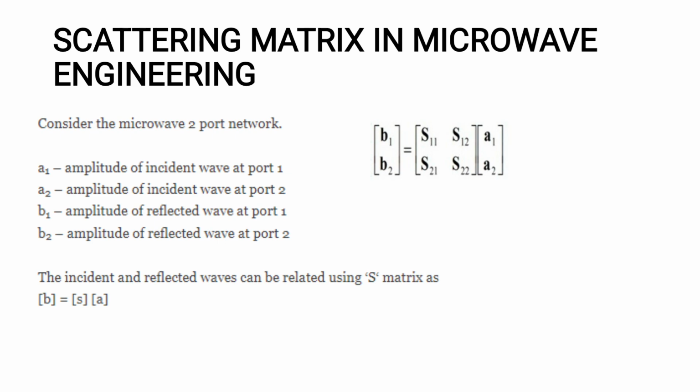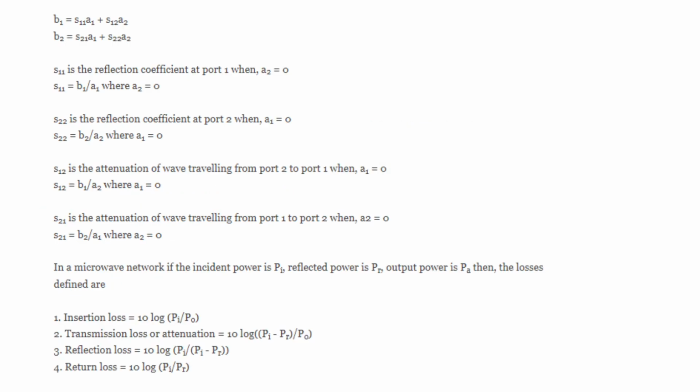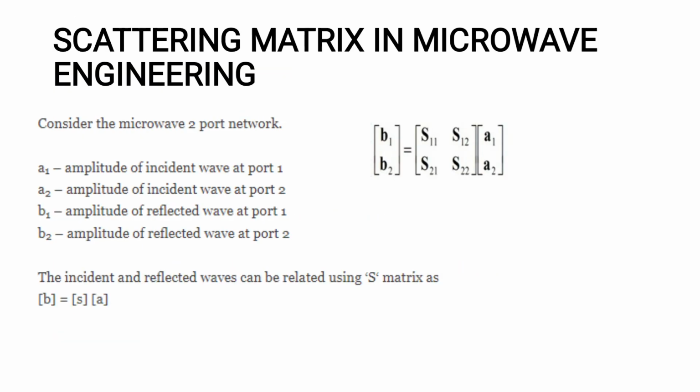The incident and reflected waves can be related using the S matrix as B equals S into A. So B1 equals S11 into A1 plus S12 into A2, and B2 equals S21 into A1 plus S22 into A2, which we get from this square matrix.